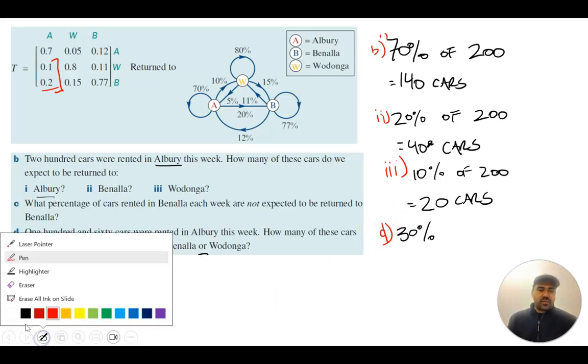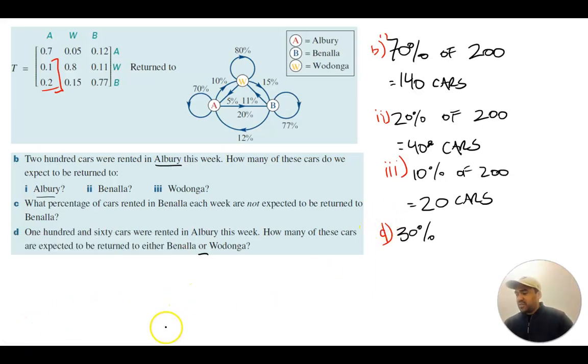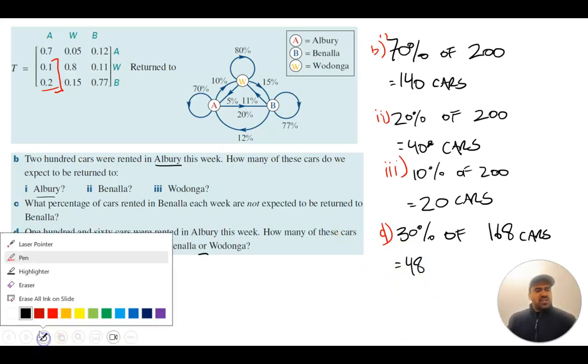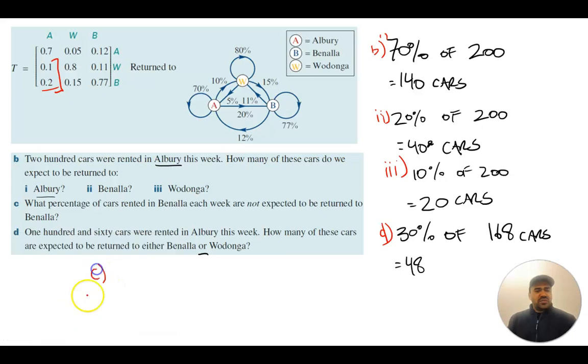There we go. Question D. I should have just checked it because I can see it on the sheet here as well. Question D is 30% of 168 cars. In this case, this is equal to 48 cars, so 0.3 times 168. Yeah, let's do question D first. Let's be weird. Question C.